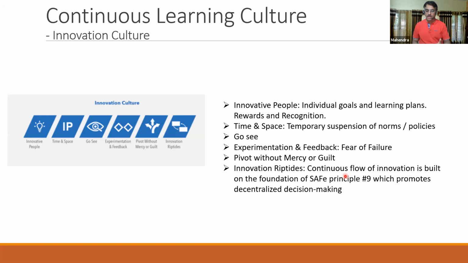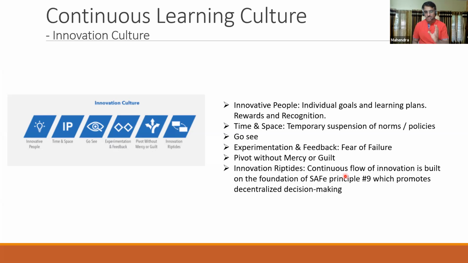And innovation. So what we are talking of here is this, one of the principles that is there is decentralized decision making. If there are certain decisions that are there, don't hang on to them from the management side. You encourage decentralized decision making and allow the decisions to be taken by the team members.